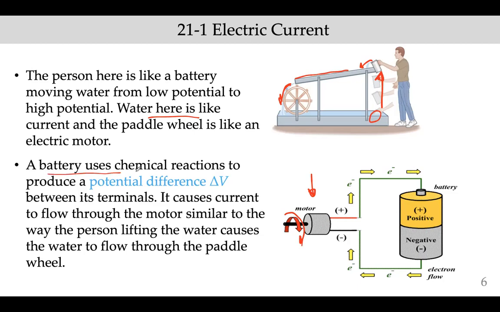A battery uses chemical reactions to produce a potential difference between its terminals. This is the positive terminal and this is the negative terminal. It causes current to flow through the motor, similar to the way the person lifting the water causes the water to flow through the paddle wheel. So these two are similar.